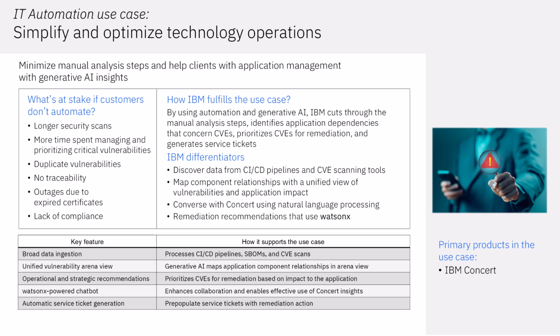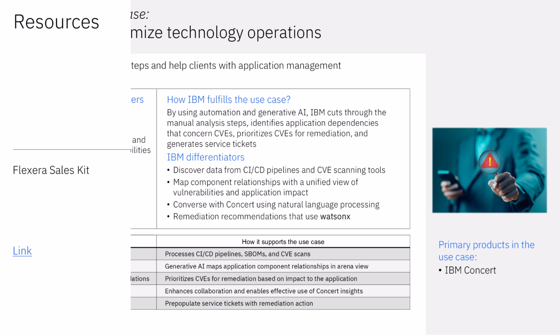IBM is strict on quality and security when releasing a product. Using Concert, IBM's dev team unlocked a smarter, more streamlined approach to managing CVEs. With Concert, the team was able to identify and address critical issues faster, streamline remediation through ticket automation, break down data silos, and align priorities.